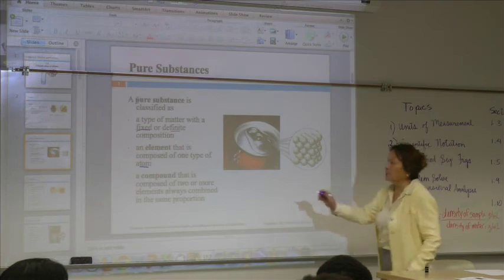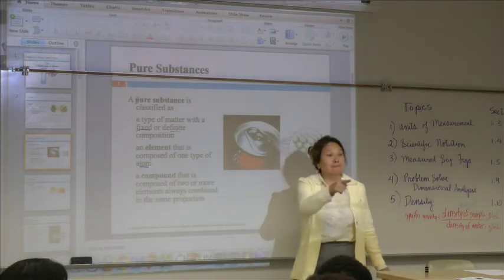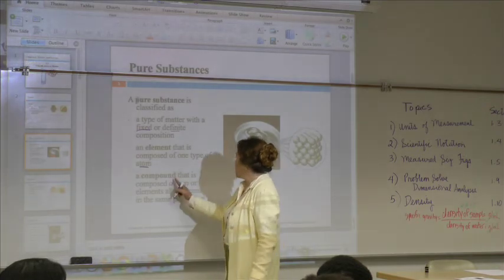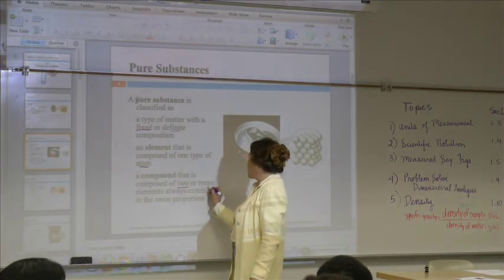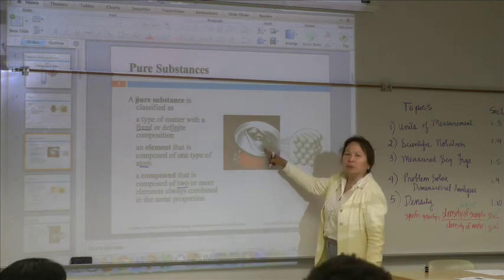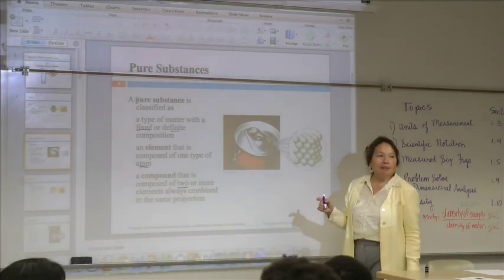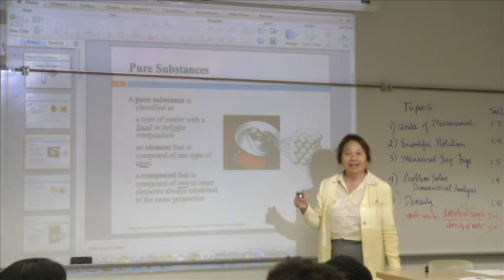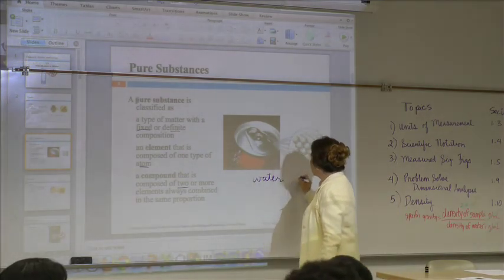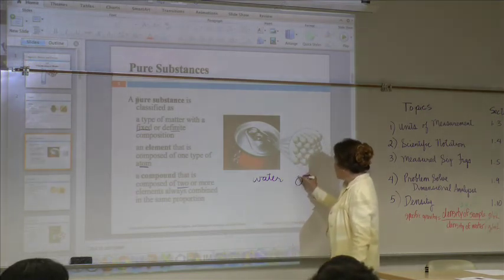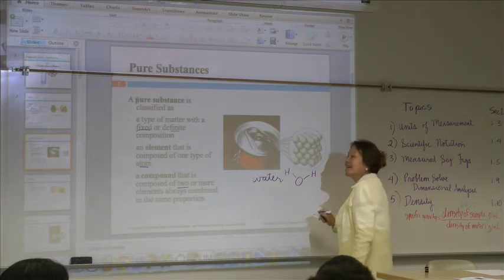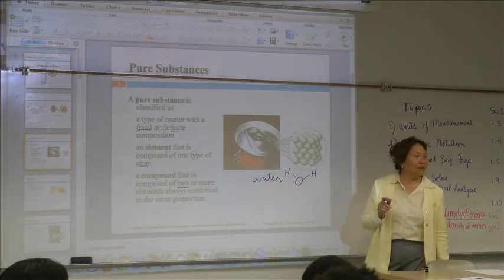So then we have a compound. Okay, yes. So a compound is composed of two or more elements. So we have, say, the soda, most of it is really water, right? So what's the formula for water? H2O, right? So we have an O with two H's, and I'm drawing it like that. It's kind of like a Mickey Mouse, right?